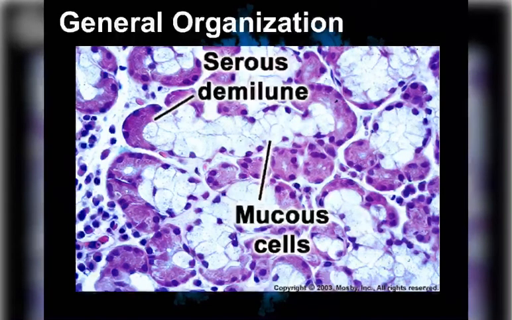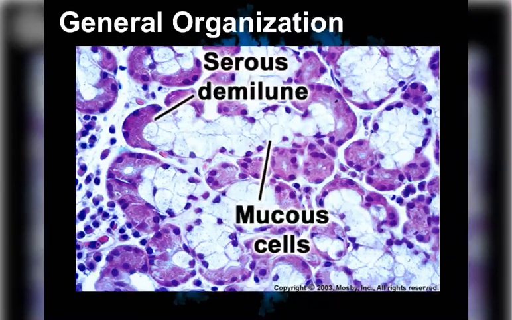The mucin doesn't take up the stain, but the peripheries of the vacuoles do.